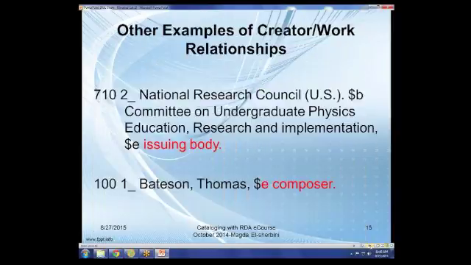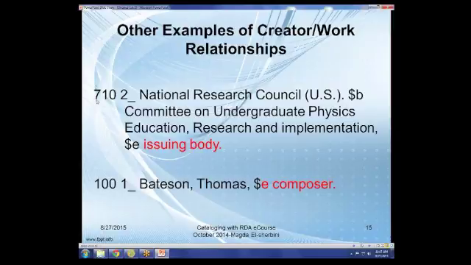Other examples, issuing body. I had mentioned the example of government documents. Here's an example of a MARC field that might appear in an information resource issued by a government body. Now, for organizations and groups, we use field 710 rather than field 700.